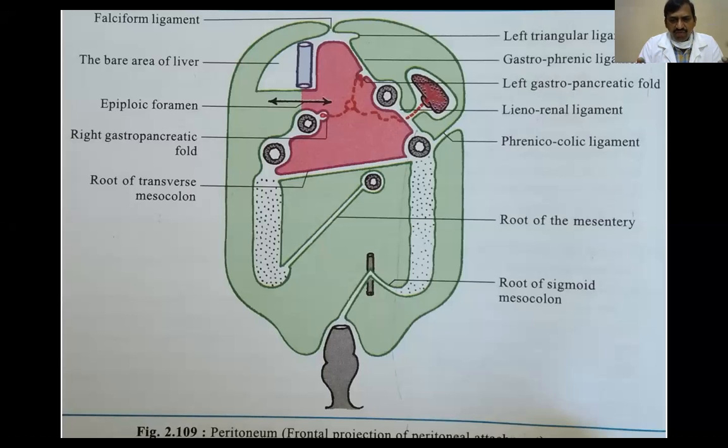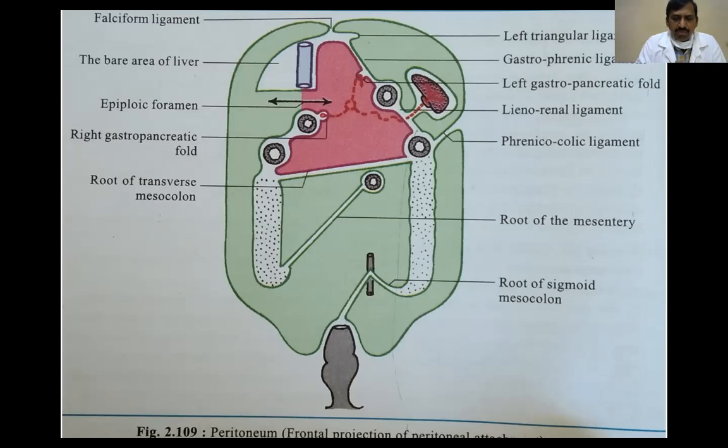We retain the fluid for about 45 minutes, then we drain the fluid. In this way, we remove nitrogenous and metabolic waste products from the body. But nowadays it is replaced by hemodialysis. That is another important use of the peritoneum.